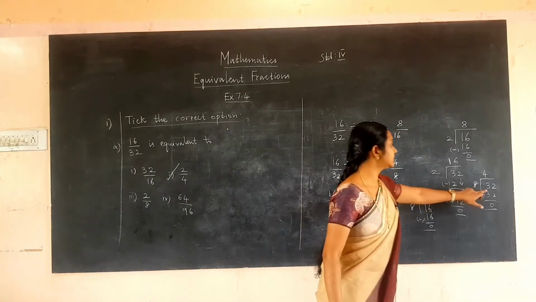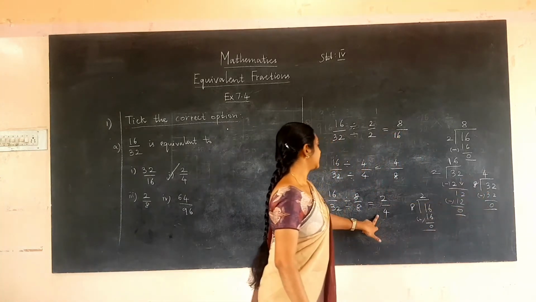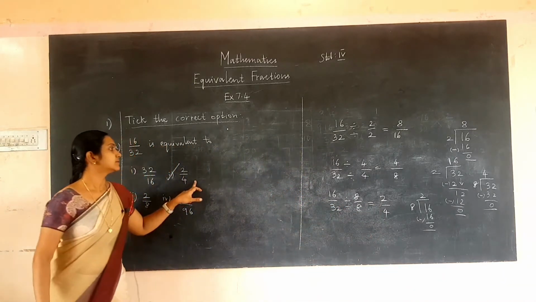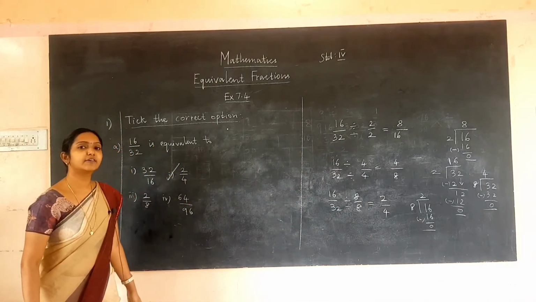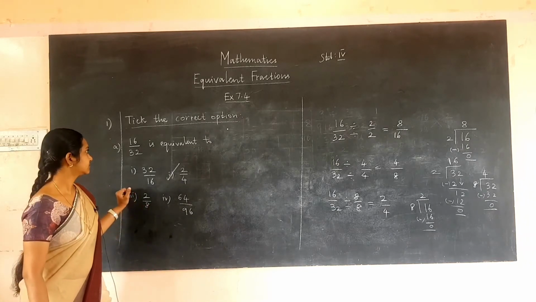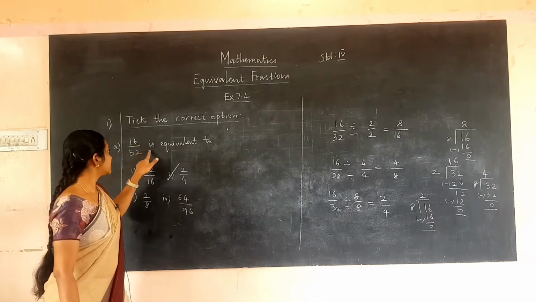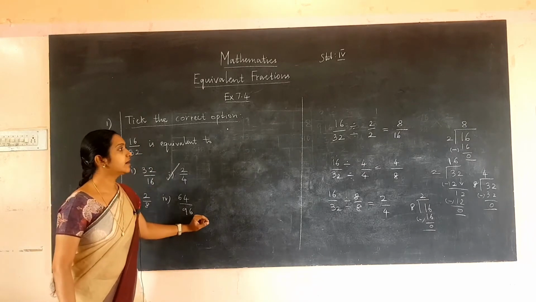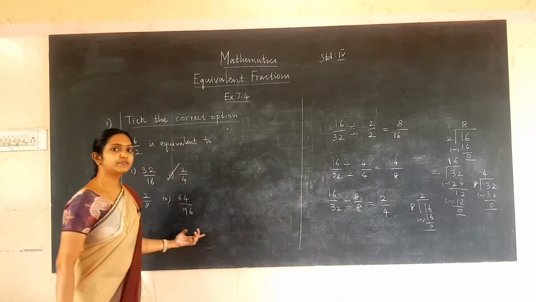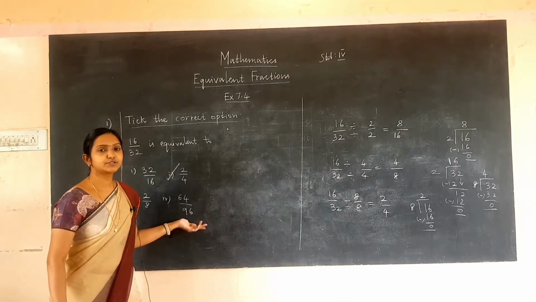So, if we divide 32 by 8, it is 4. 2 by 4 is here. In this way also we can find the equivalent fraction. The cross multiplication method we can also use. Otherwise, we can reduce the fraction and find the equivalent fraction. It is up to you. You can choose any method.